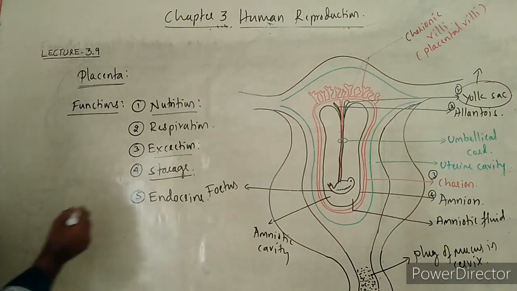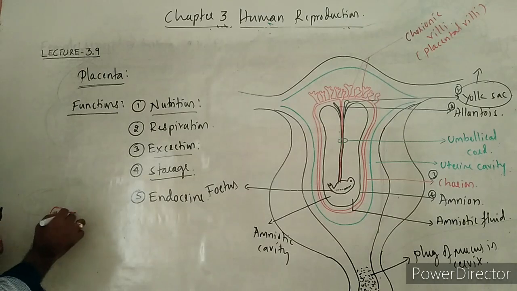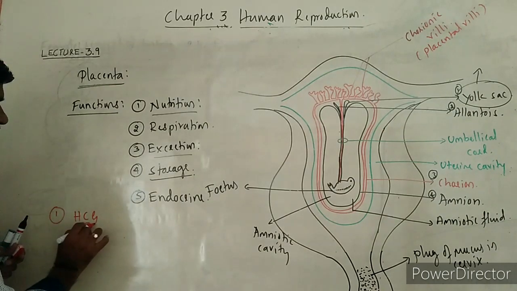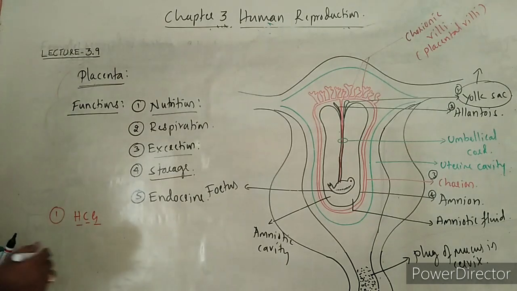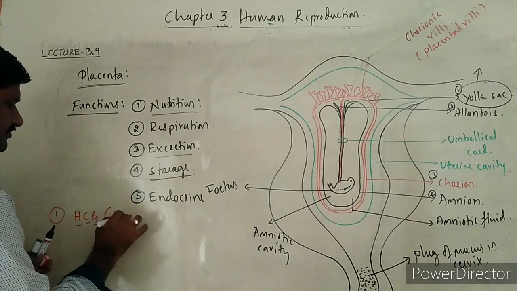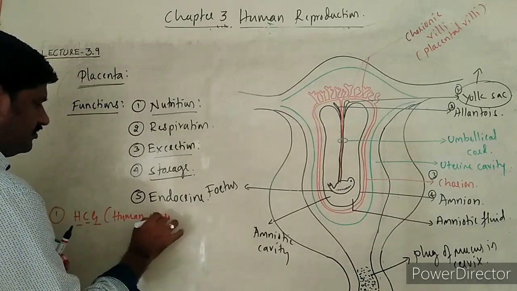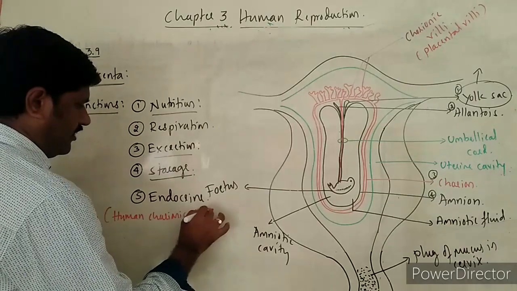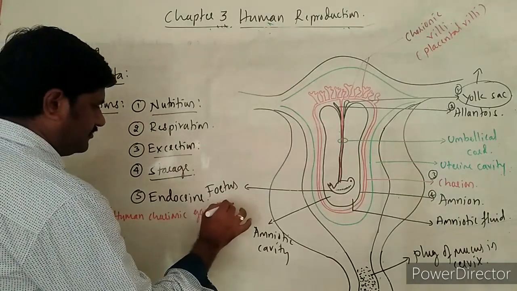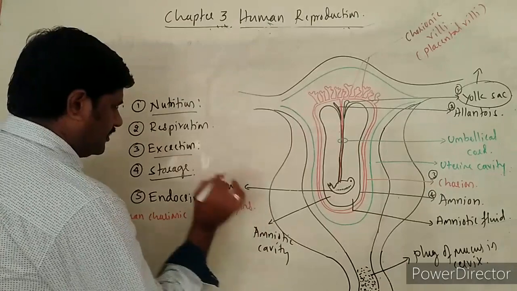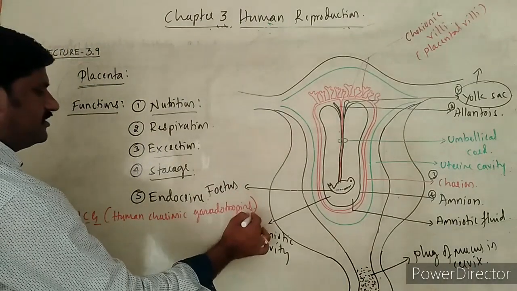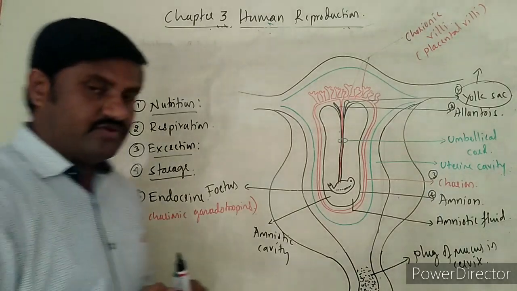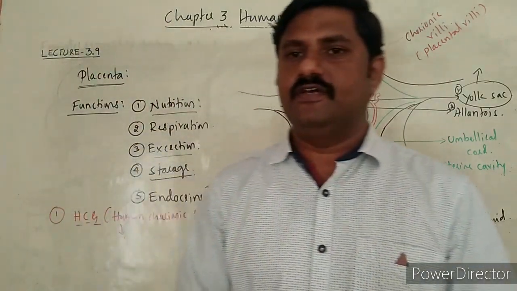So hormone number 1, it is HCG, human chorionic gonadotropin. Human chorionic gonadotropin is one of the important hormones.